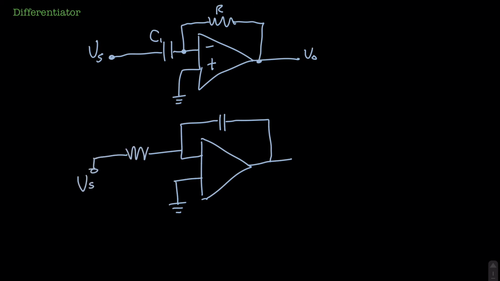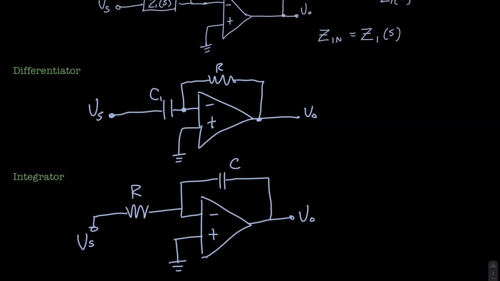So you can say this is VS, this is going to be an R, this is going to be a C, that's going to be V out. And still the same, negative and positive at the bottom, that's grounded out. And so this we'll call an integrator. Alright, so a differentiator, integrator.